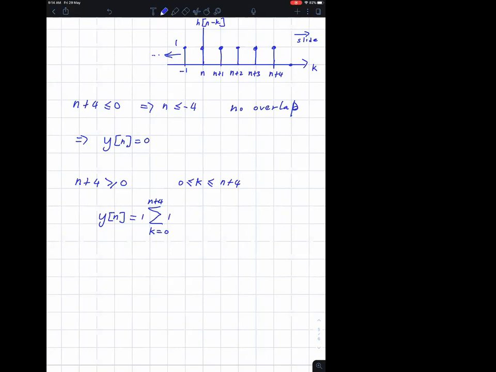Either you can put the one here or you can put one on the back. Both of them are the same because one is not independent, so it's considered like a constant. That's going to be upper limit minus lower limit plus 1.